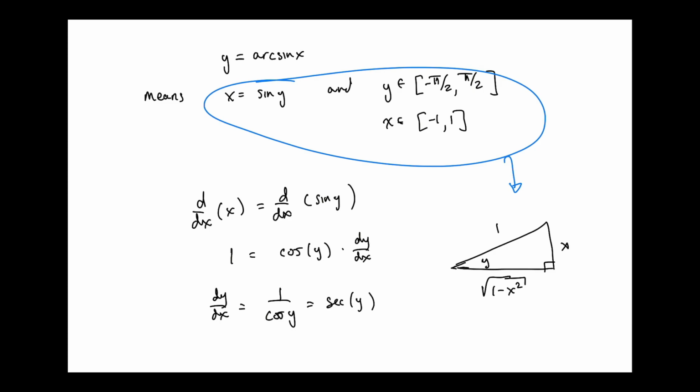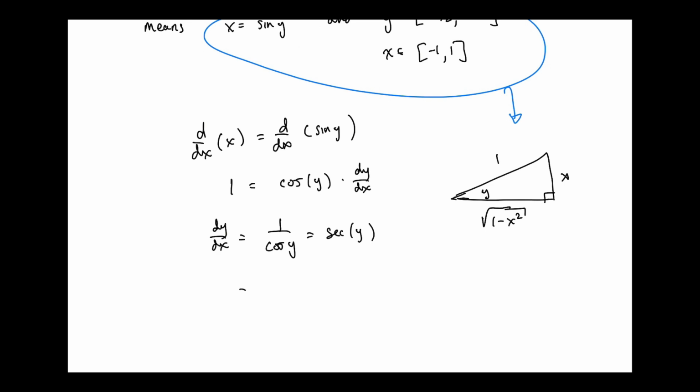Okay, so in that triangle, what is cosine of y? Well, what's cosine in a right triangle? What's SOHCAHTOA say? That's sine. I want cosine. Adjacent over hypotenuse.